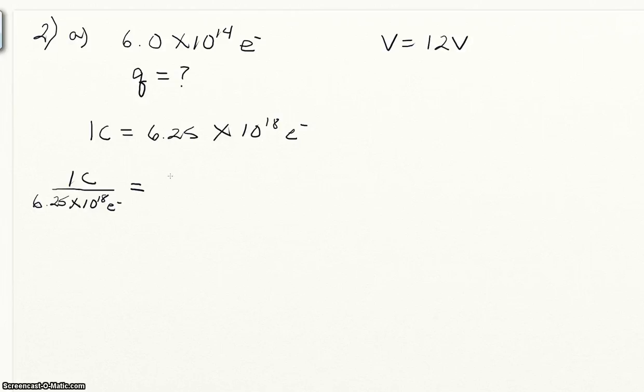So if we change the charge, which is what they're telling us, I'm going to use X coulombs, if you will, to tell you that that's what we're looking for, the amount of charge, whatever it is, but it's based on a different number, and it tells us that we have 6.0 times 10 to the 14th electrons.